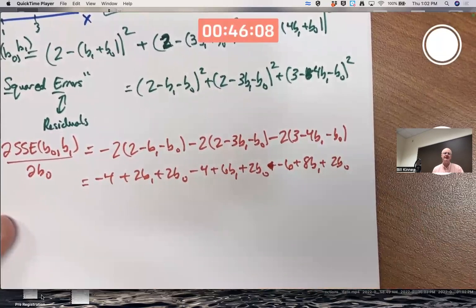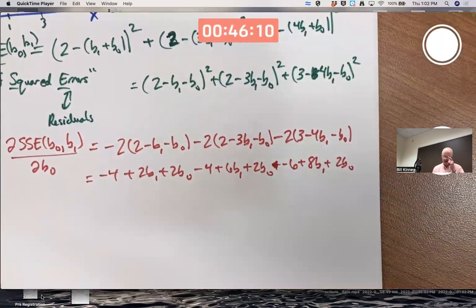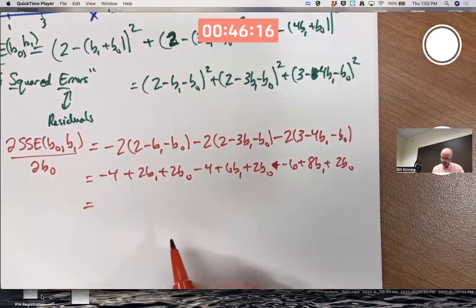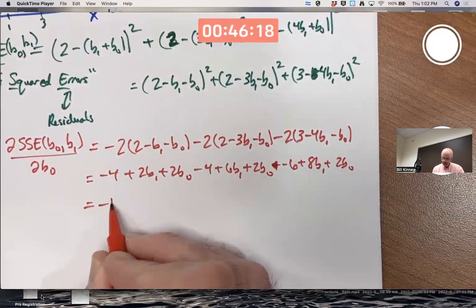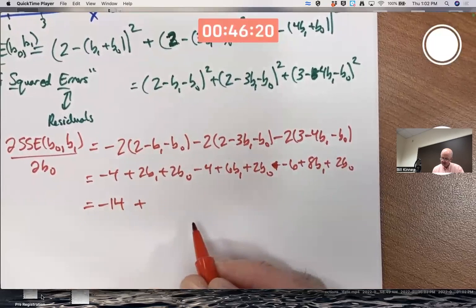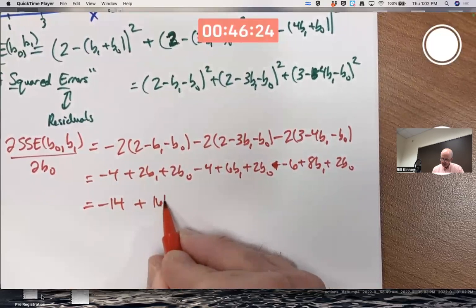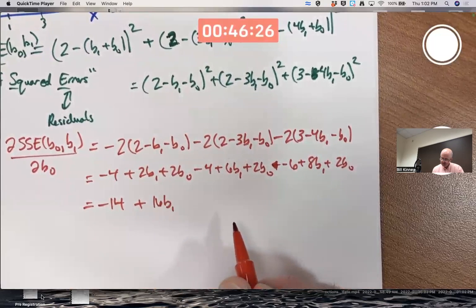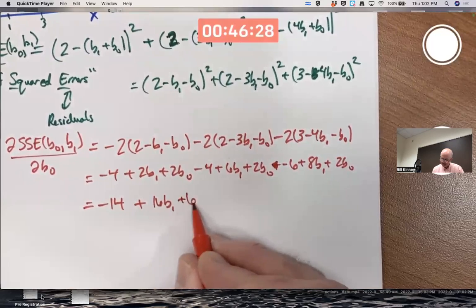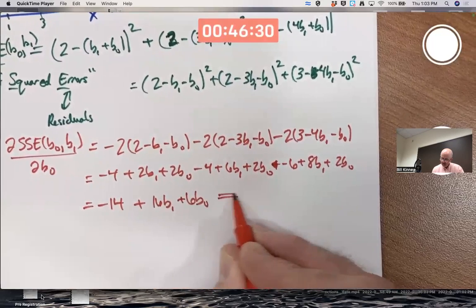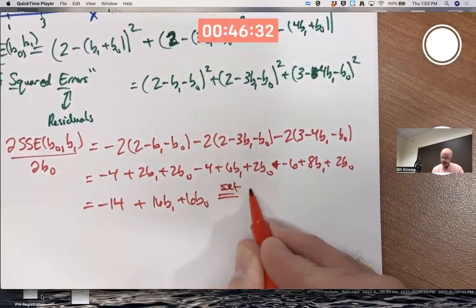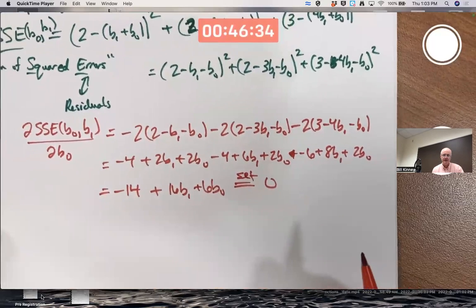I hope I don't make a mistake. Try to double check my work to hopefully catch any mistakes I make. Combine the constants, get -14. Combine the b1 terms, get 16 b1. Combine the b0 terms, it looks like we get plus 6b0. I need to set this equal to 0 to solve for b1 and b0.